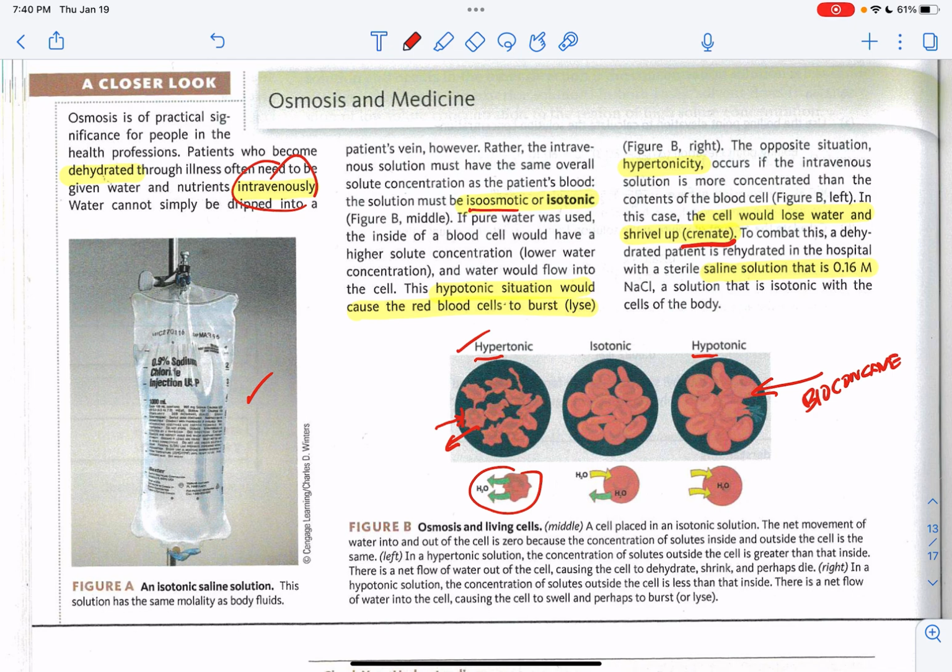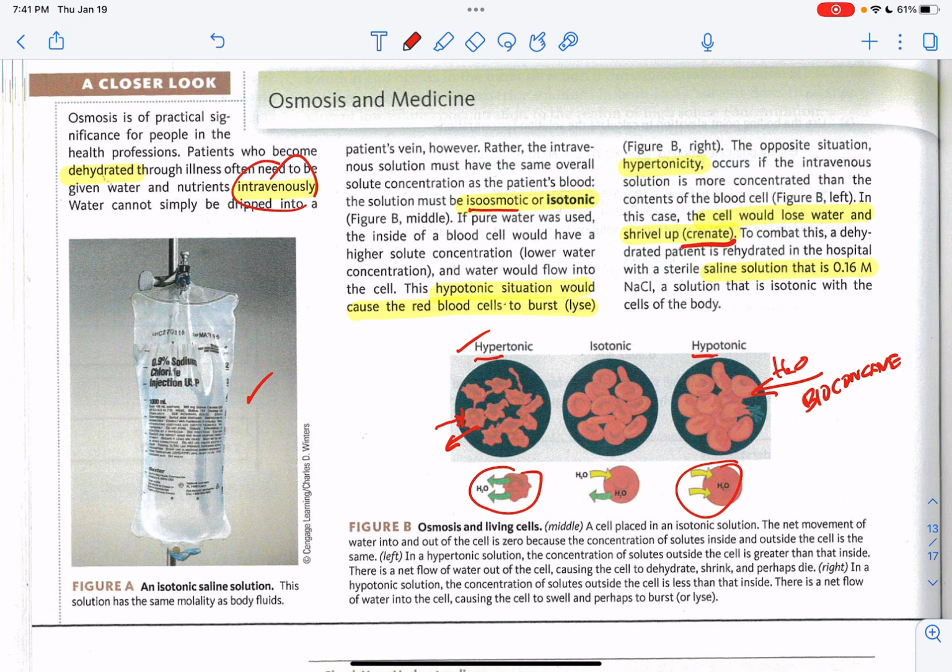But there are other things inside the red blood cell, hemoglobin molecules. So the stuff inside the red blood cell can't get out, but the water can easily diffuse in. So if you can't make the outside of the cell more concentrated with your particles, you can make the inside of the cell less concentrated by water diffusing in. And so you have a net flow of water in. That's going to cause the cell to swell up.